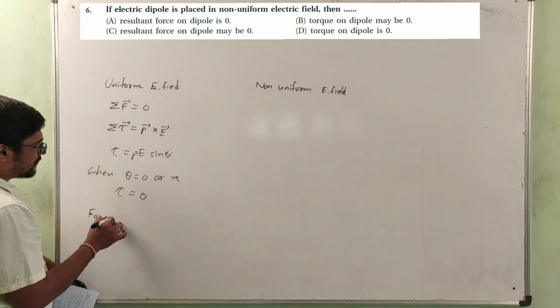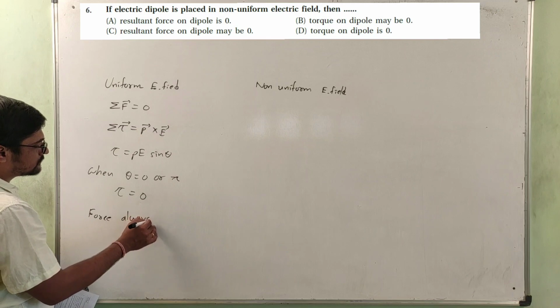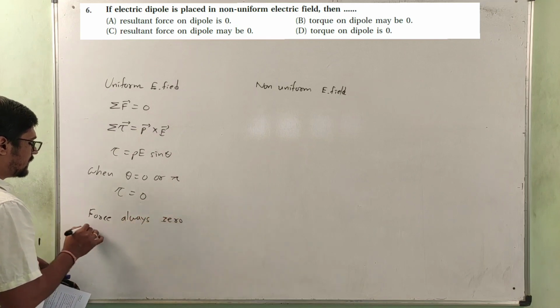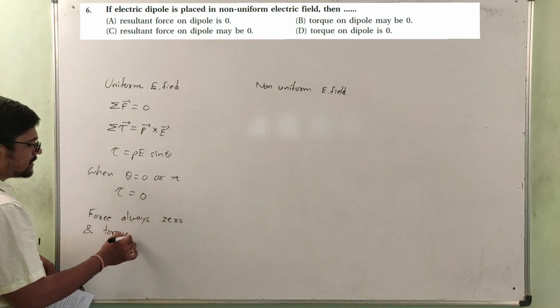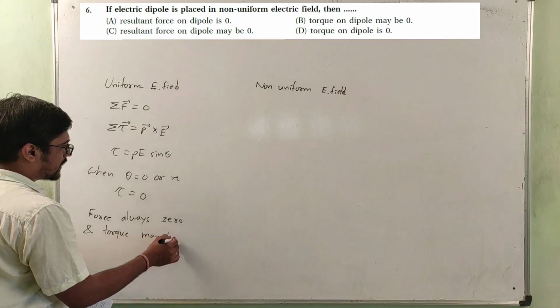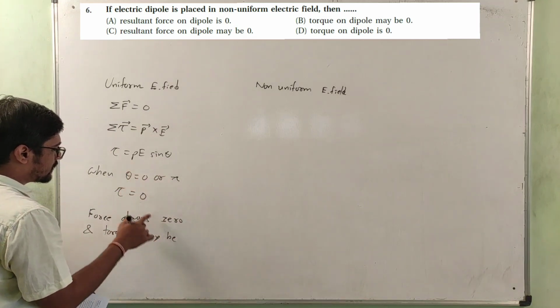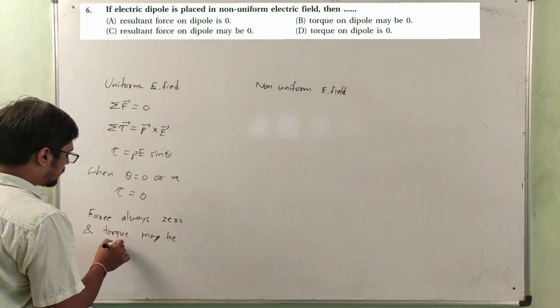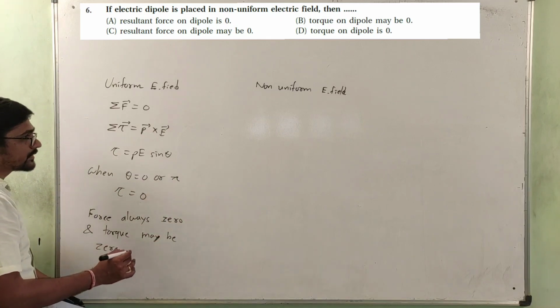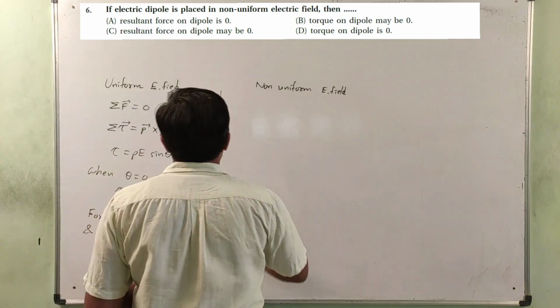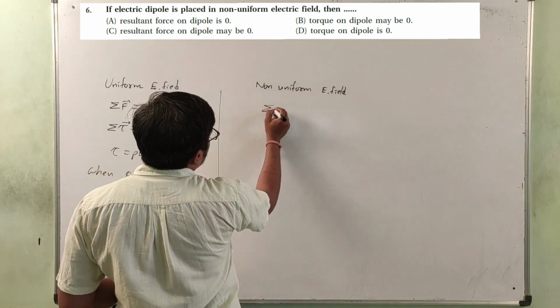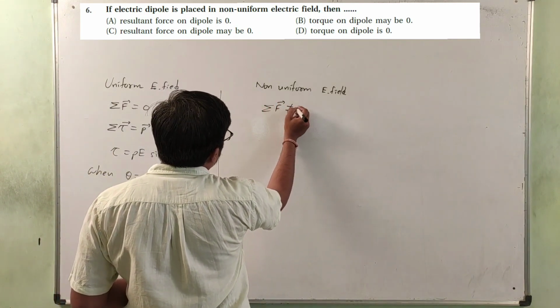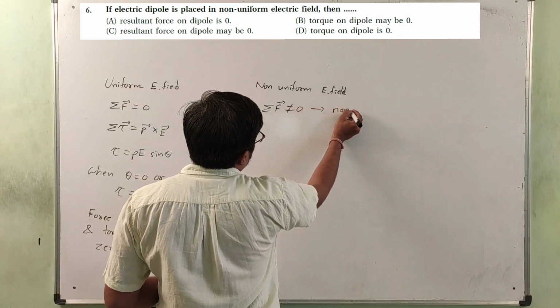Force acting on the dipole is always 0 and torque may be 0. Whenever the angle between P and E is 0 or pi, the torque acting on the dipole becomes 0. So the behavior of a dipole in a non-uniform electric field is that the force acting on the dipole is always non-zero.